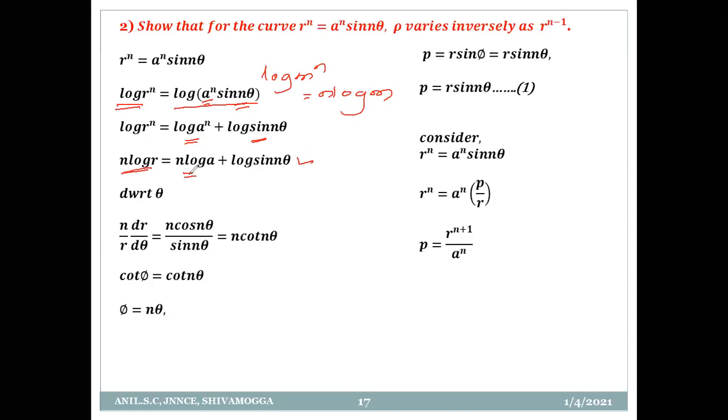Now differentiate both sides with respect to theta. Here n is a constant, keep it as this. The derivative of log r is 1 by r into dr by d theta.